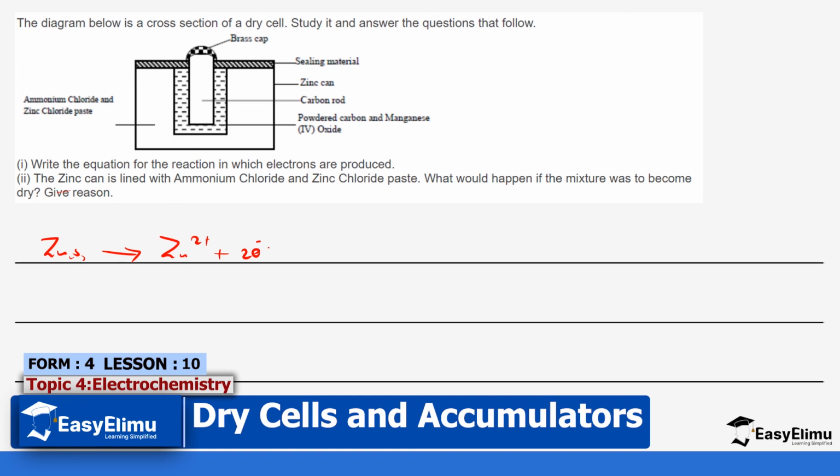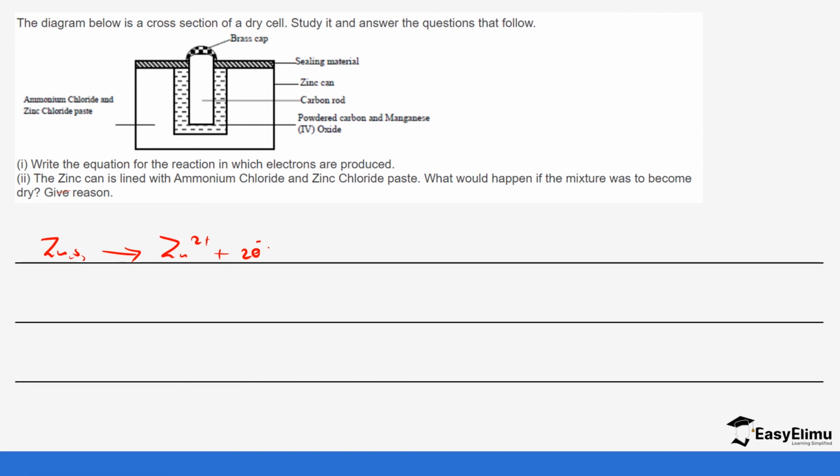The zinc can is lined with ammonium chloride and zinc chloride. What would happen if the mixture was to become dry? So if it's dry, it means the ions will be immobile, or they won't move. So the reaction is not going to occur.